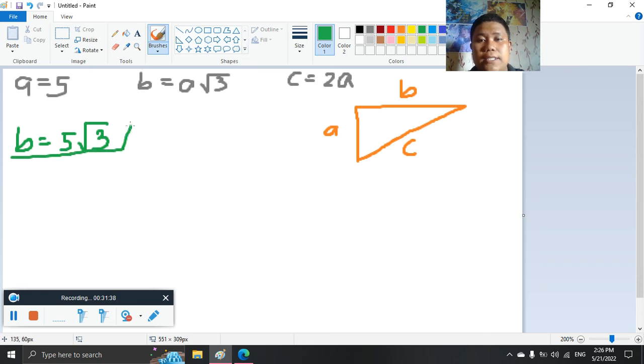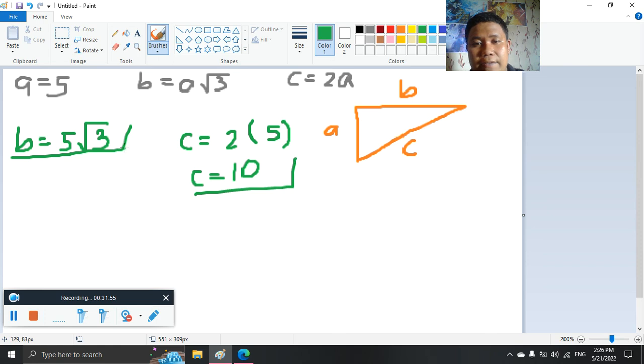Then C, so 2 times A, which is 5. So substitute. Then therefore C equals 10. What is the answer? C equals 10. B is 5 the square root of 3. C equals 10. Okay? Next.